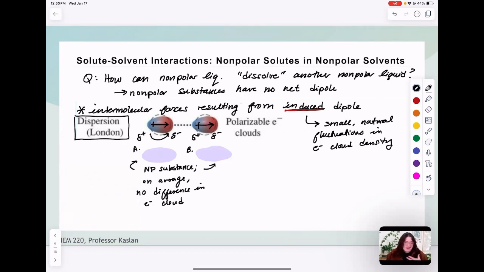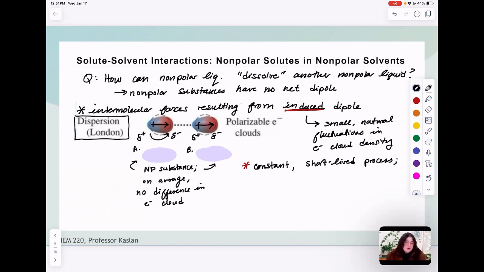However, due to random fluctuations in one, a dipole can be created in a molecule and then induced in its neighboring molecule. And this is a constant, short-lived process that happens over and over and over again.